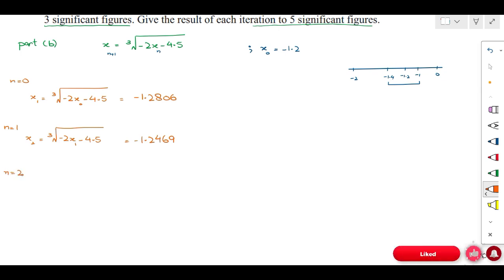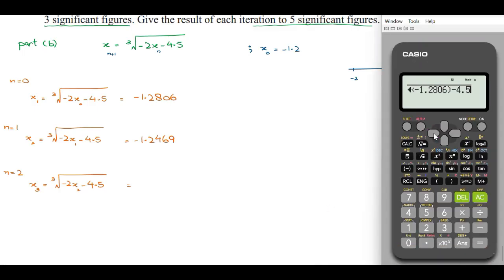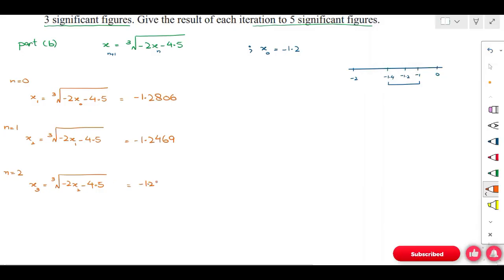When n is equal to 2, we have the third value x3, so the cube root of minus 2x2 minus 4.5. Just replace the x2 value, minus 1.2469, which gives minus 1.2612. Okay, let's do another one, n equals 3, x4.